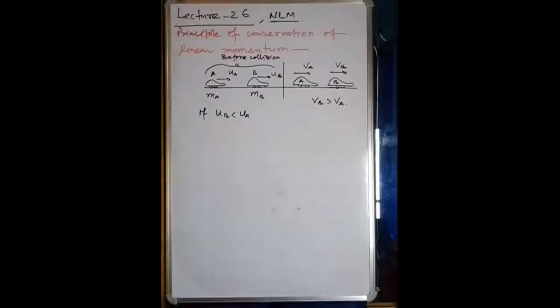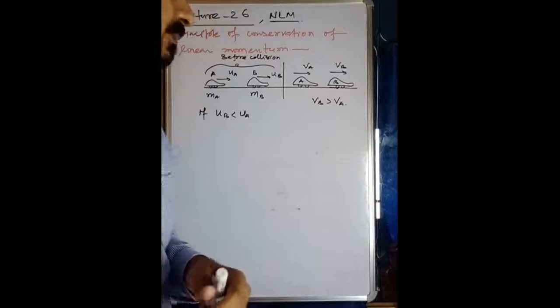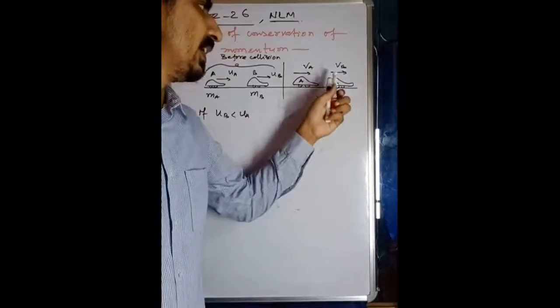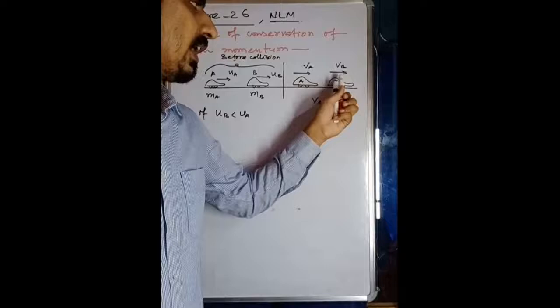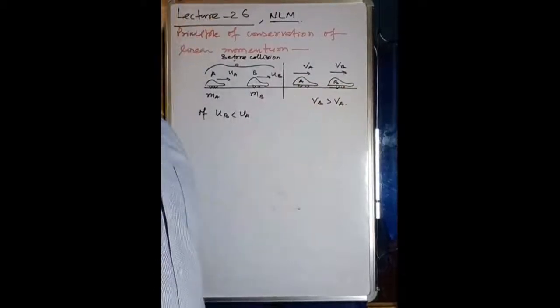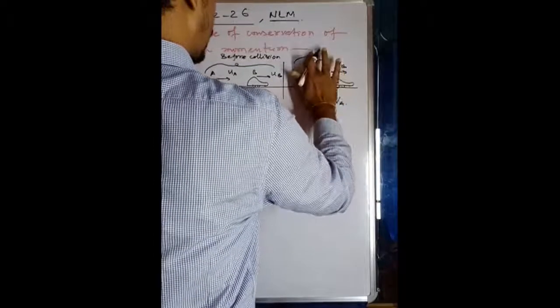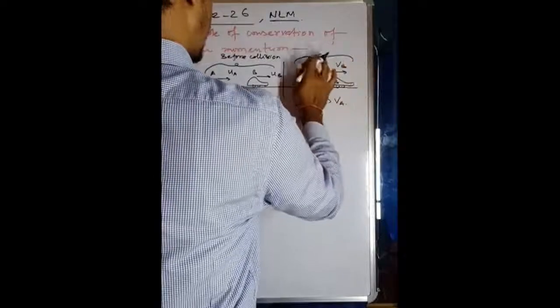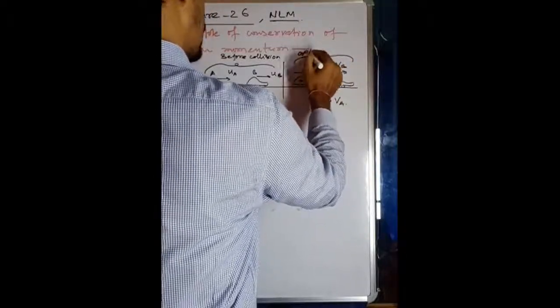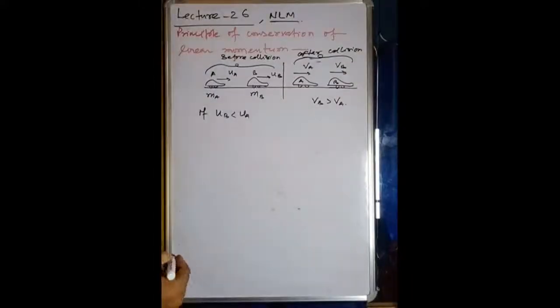After collision there are a number of possibilities, but remember, we are not going to discuss all those possibilities here; we will discuss them in the collision chapter. Here we have considered that car B gets separated after collision with car A. This is the case of after collision, and this was the condition for collision.